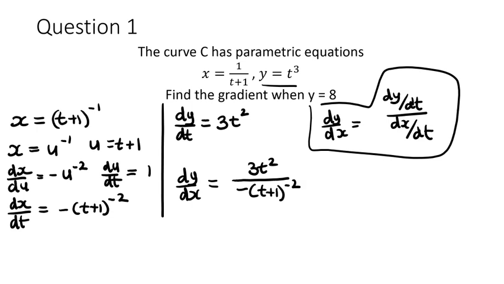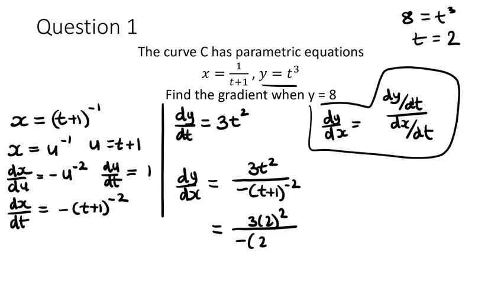So I'm going to look at what the value of t is when y is 8. So 8 would equal t cubed. Cube root of 8 is just 2. So what I need to do is sub in t equals 2. So let's do that.